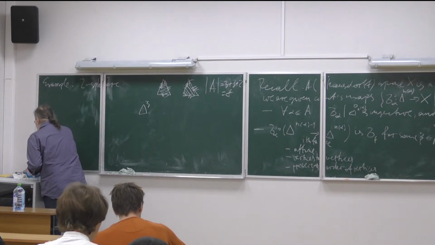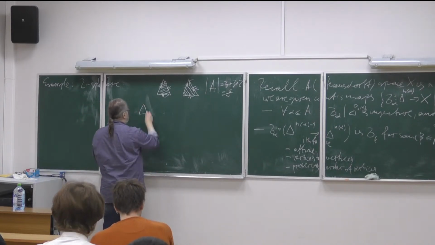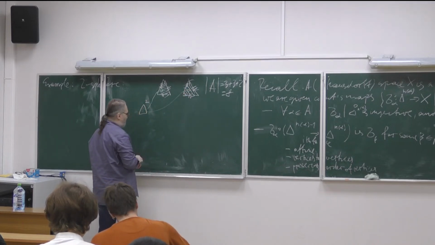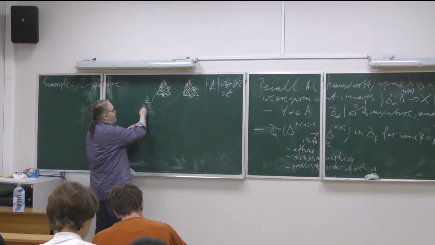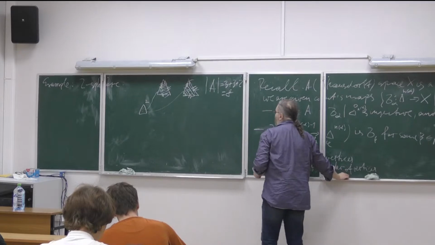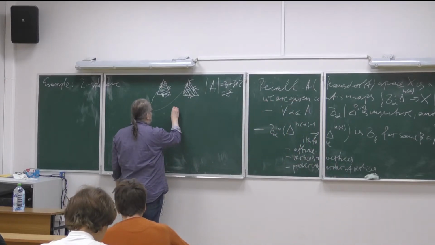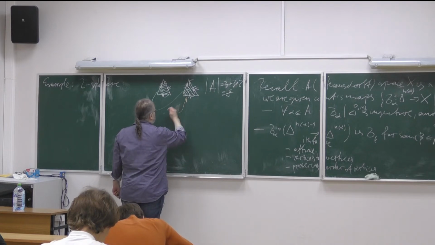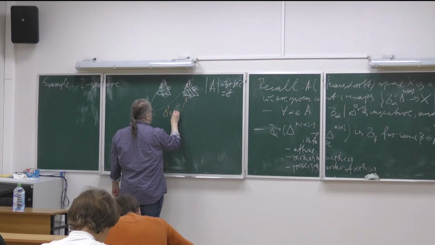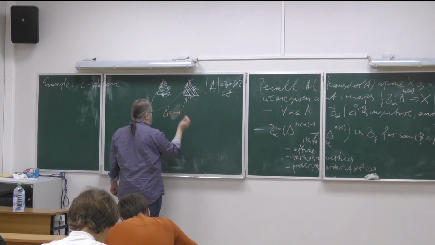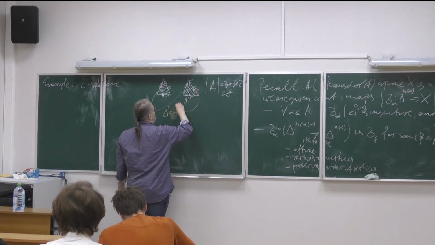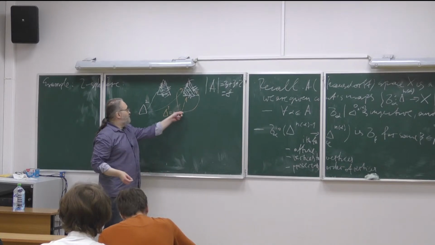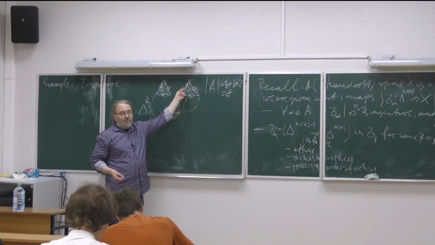And this one is supposed to be delta 2. And there are 2 maps from delta 2 to the triangles, and there are delta 1, which is a line segment, and we have 3 maps which are basically given by the labelings of the edges.